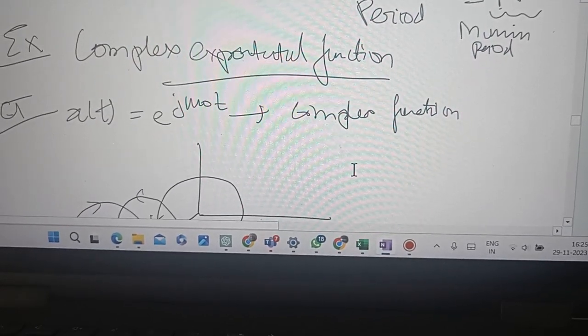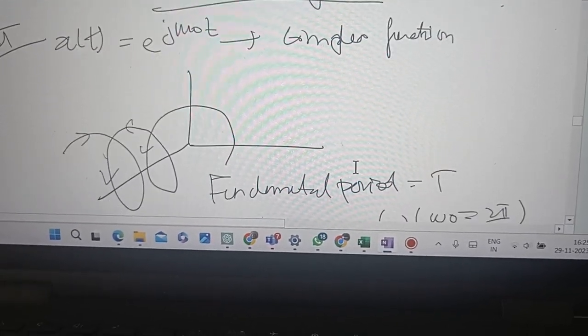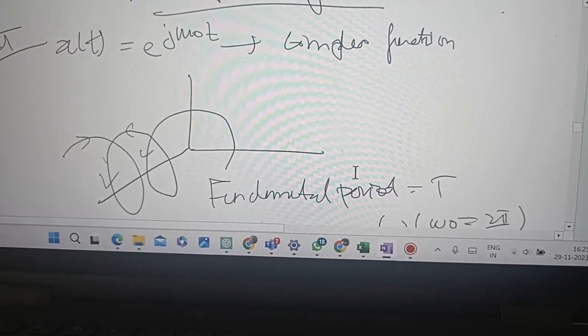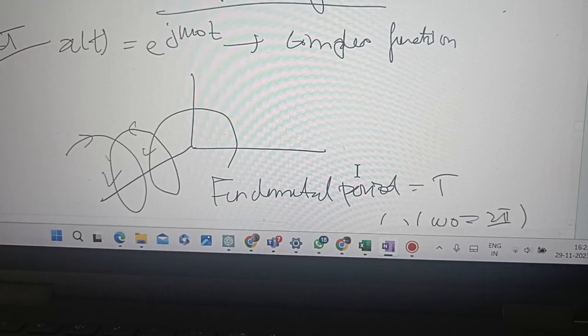Example: the complex exponential function x(t) = e^(jω0 t) is a complex function.